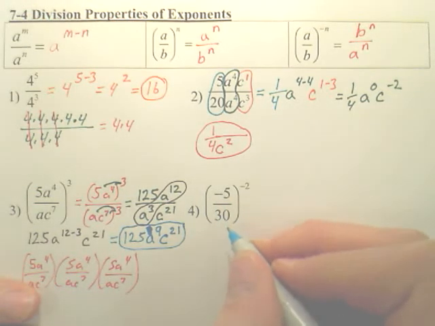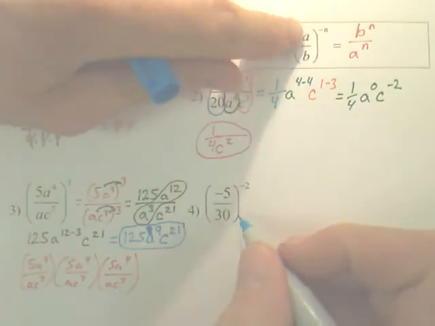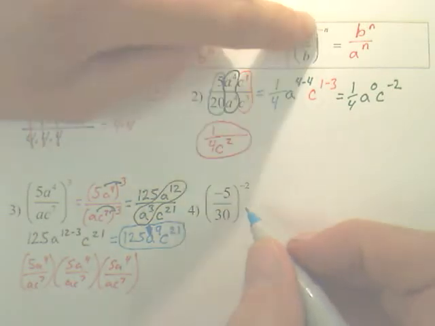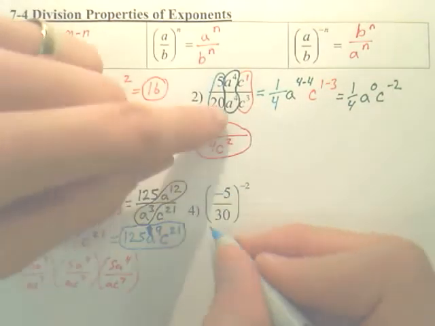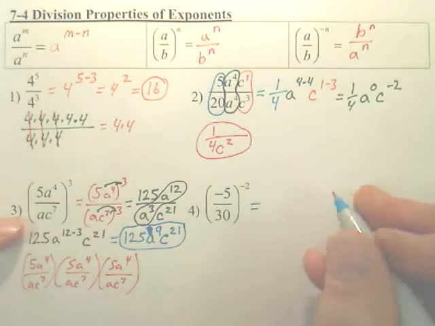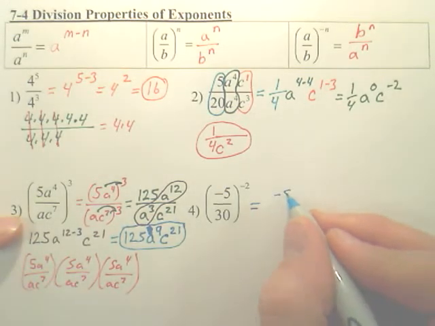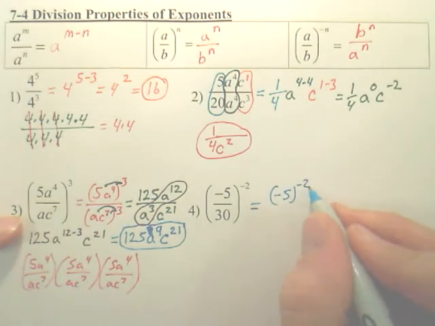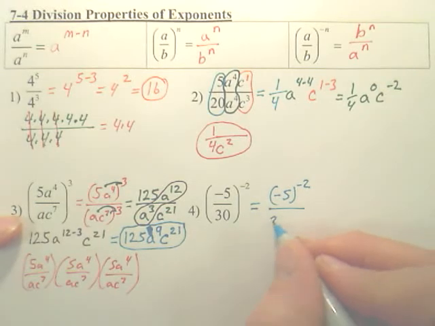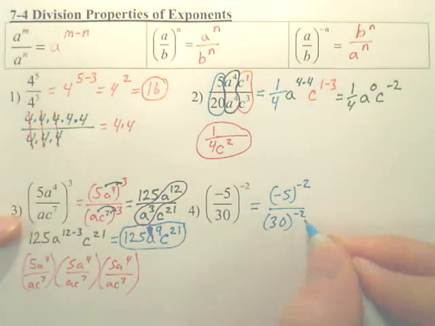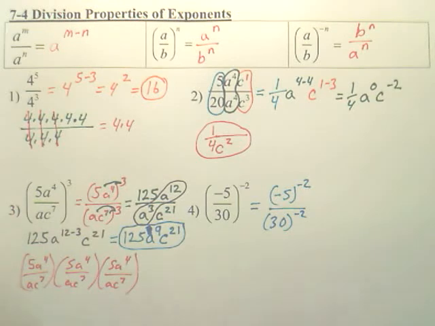Number 4. This relates to this formula right here. What's going to happen here is this negative basically means to flip this. So the first thing you're going to do, actually, let's first distribute the negative 2, and 30 to the negative 2nd power. Then the negatives flip everything.